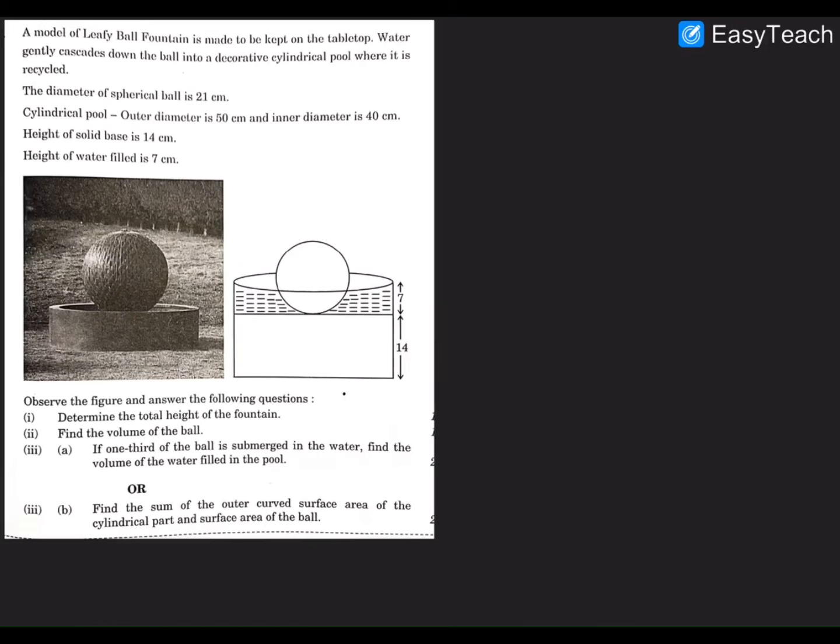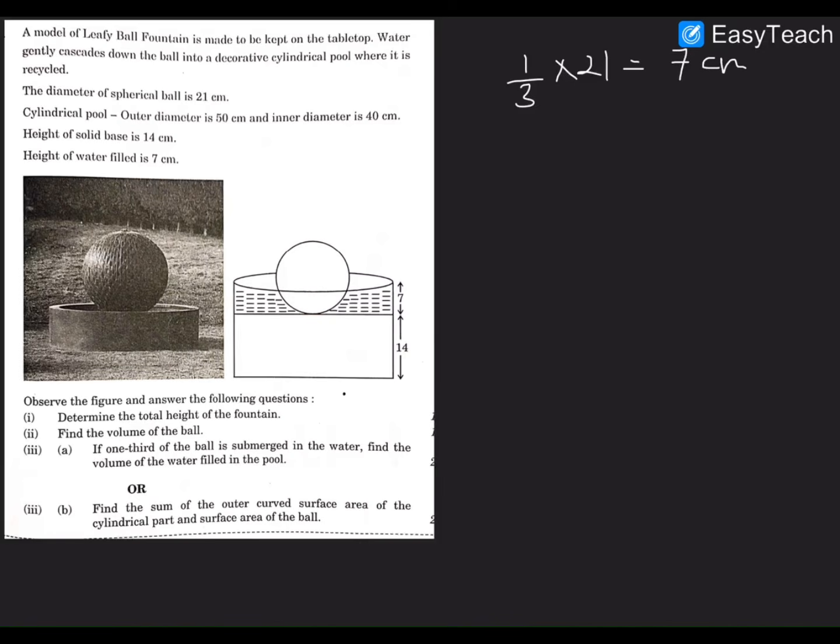Next part. If 1/3 of the ball is submerged in the water, find the volume of water filled in the pool. 1/3 of the ball means the whole diameter is 21 and 1/3 of 21 will give you 7 centimeters.